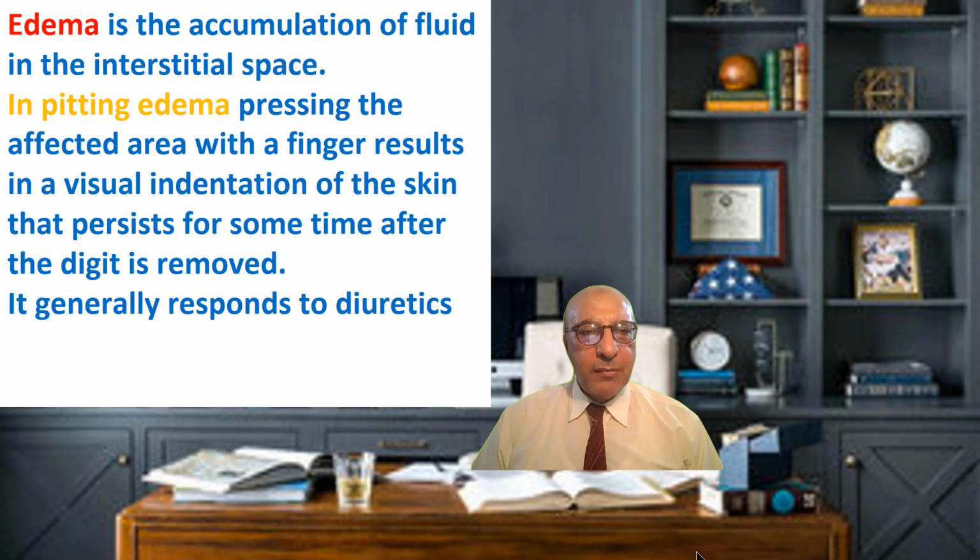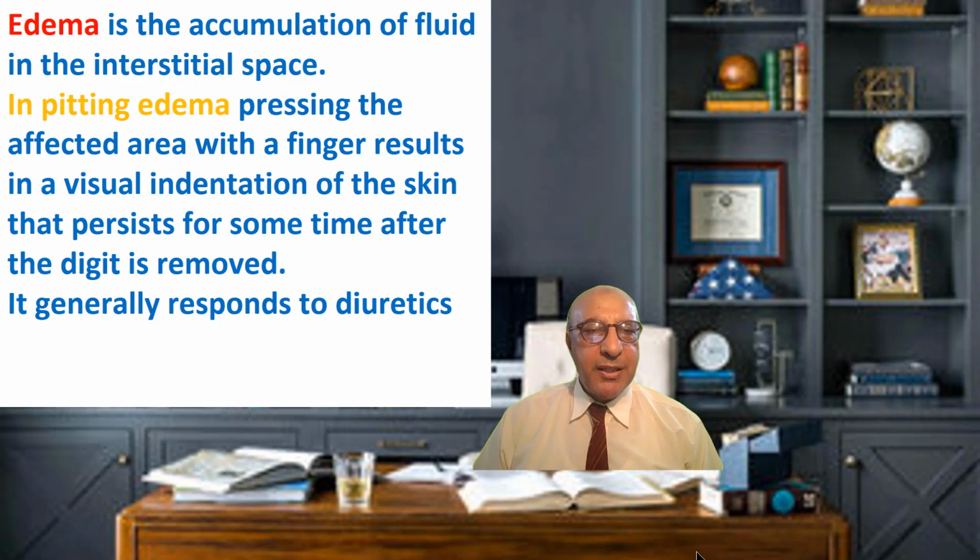Now come to edema, or the accumulation of fluid in the interstitial space. Actually, we'll be discussing two types of edema, peripheral edema and pulmonary edema. The peripheral edema, which you can detect in the feet or lower limbs, is present in two types.